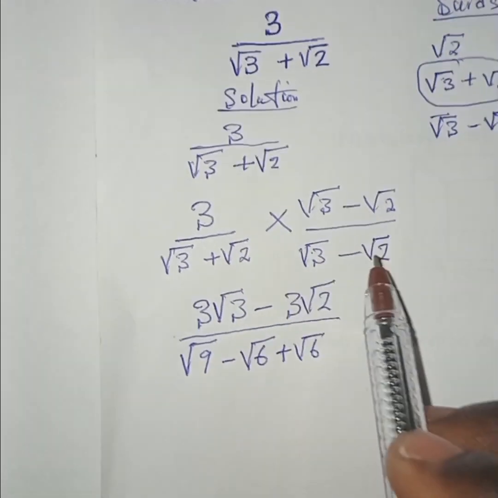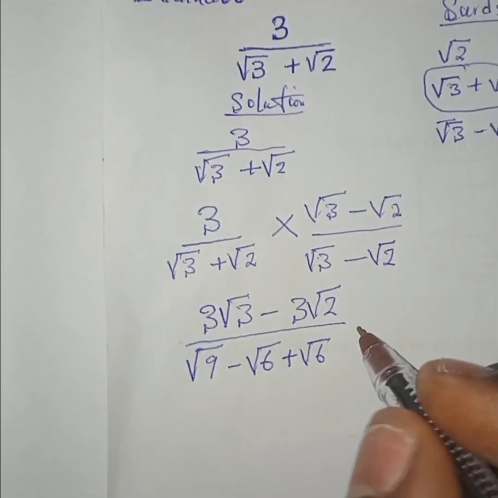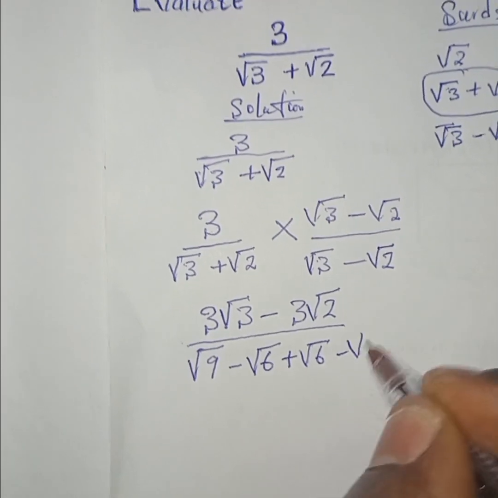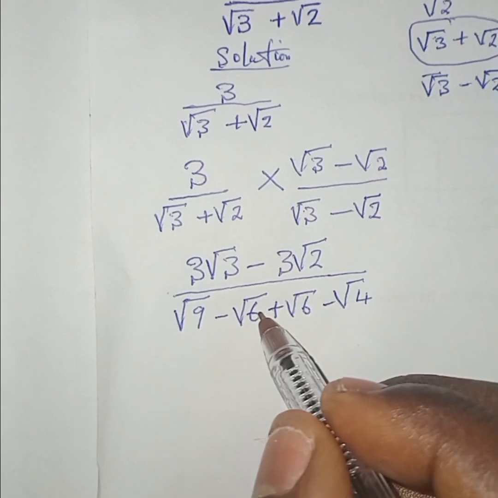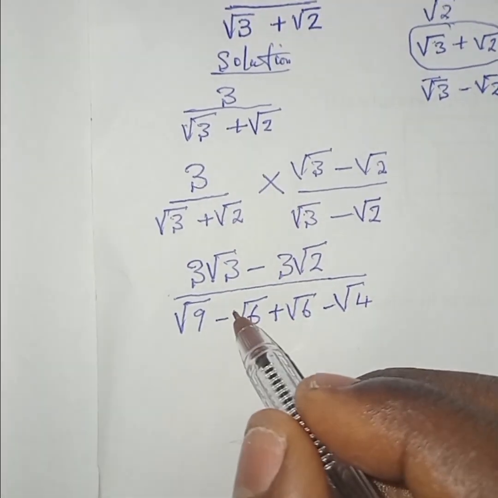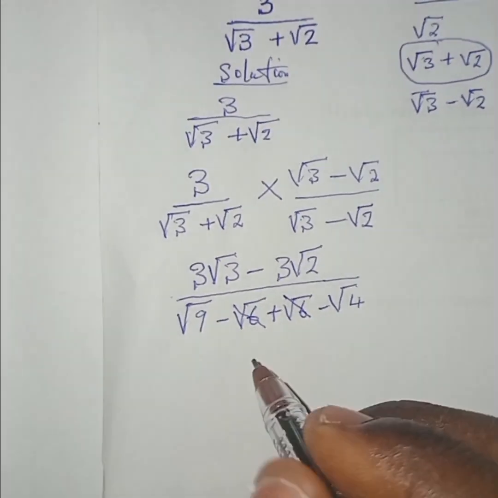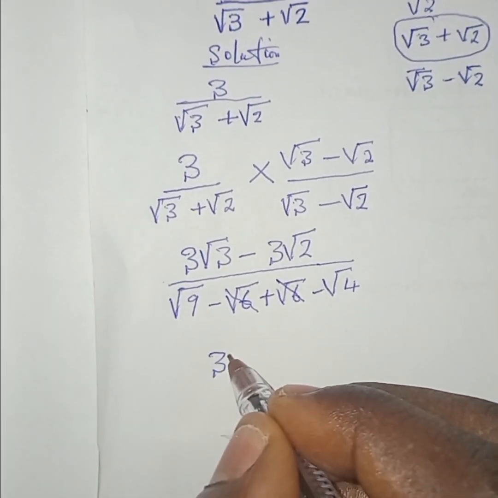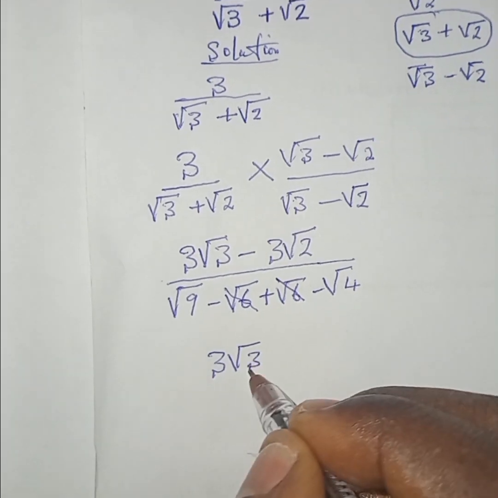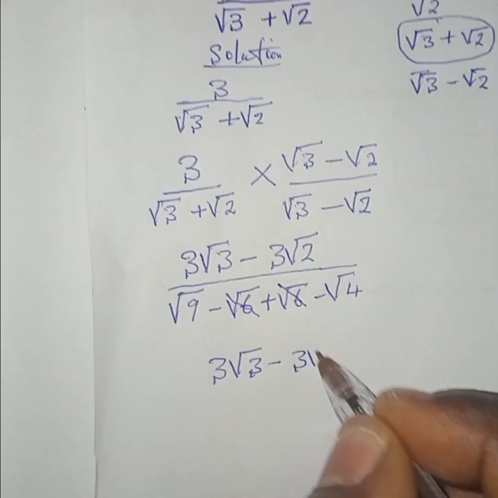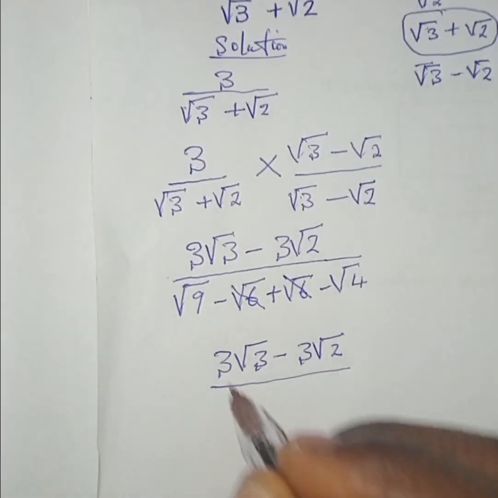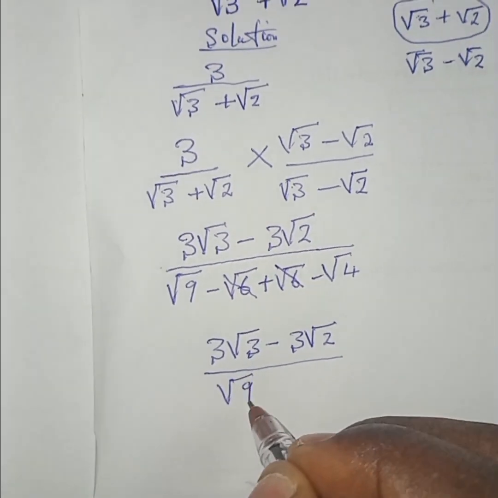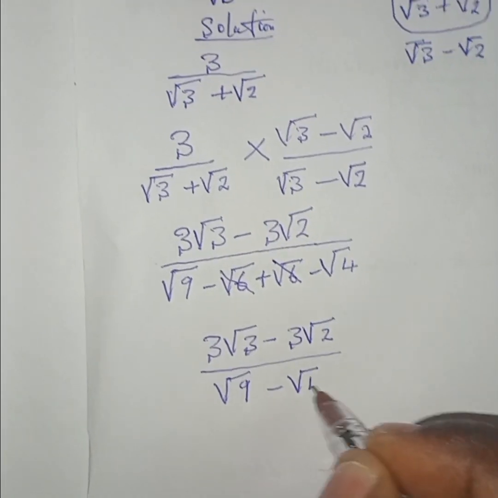Square root of 2 multiplied by minus square root of 2 gives you minus square root of 4. So minus square root of 6 plus square root of 6 will cancel themselves. So we now have 3 square root of 3 minus 3 square root of 2 over square root of 9 minus square root of 4.